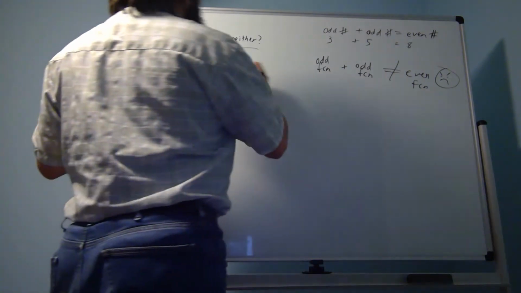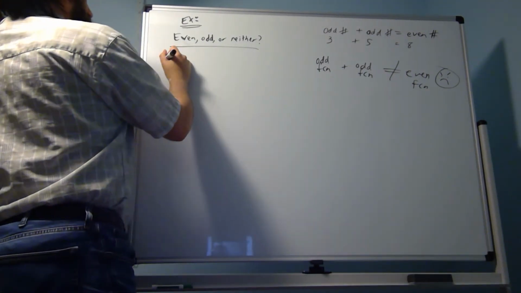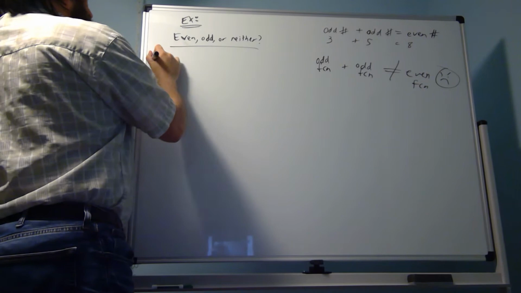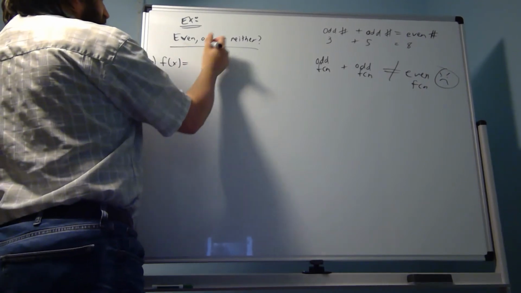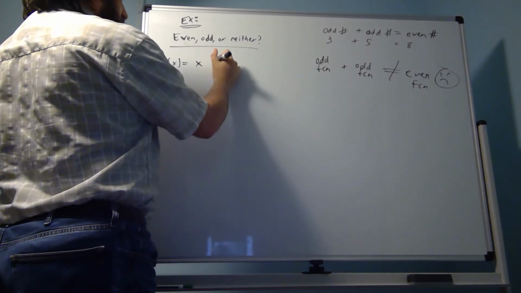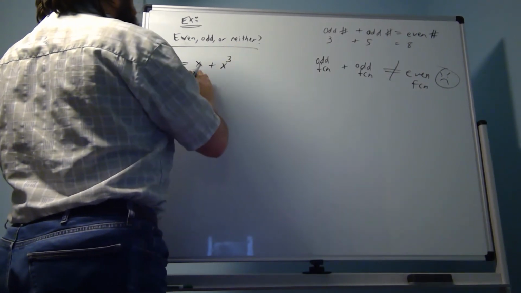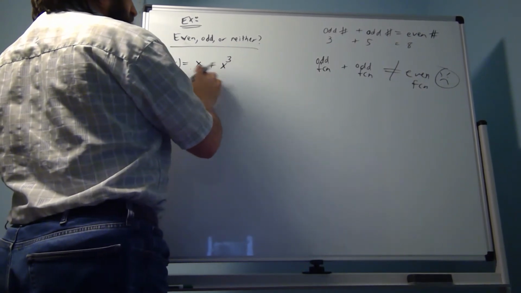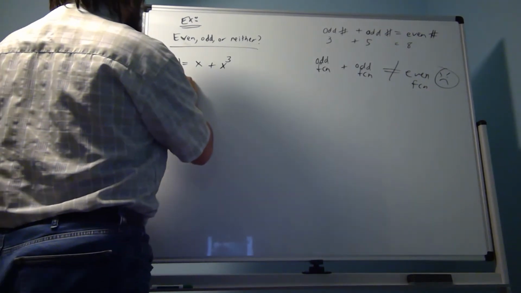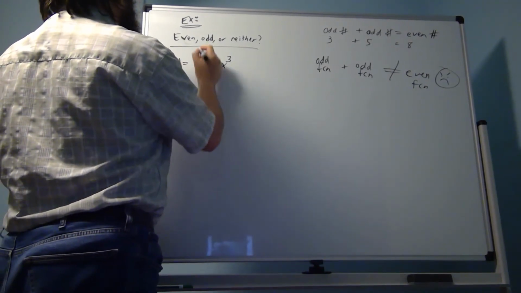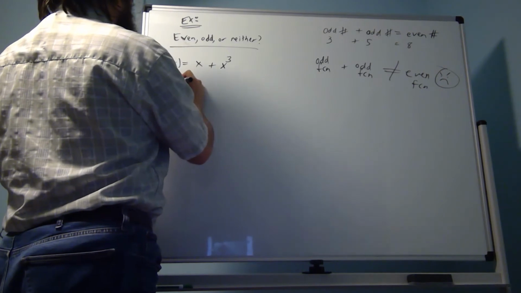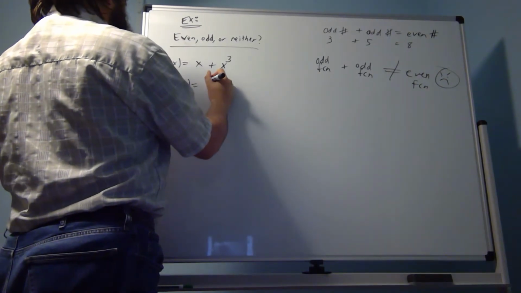But for example, let's call this problem A. Let's just start with odd function plus odd function. We just did these two individually, but let's see what happens. So we're answering this question here, so we're taking f of negative x.